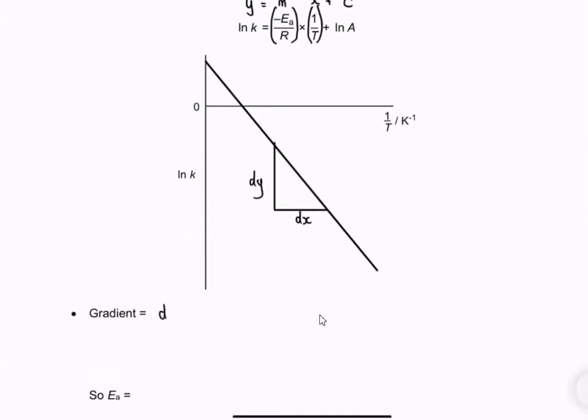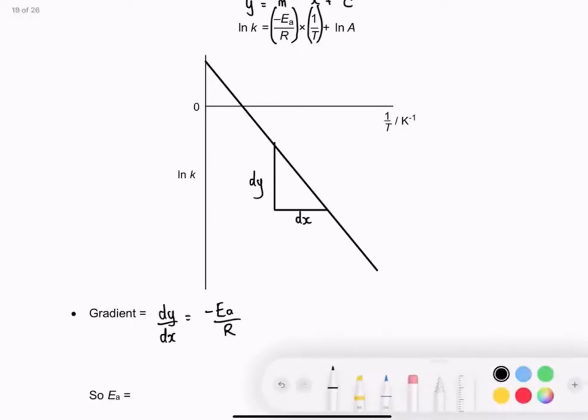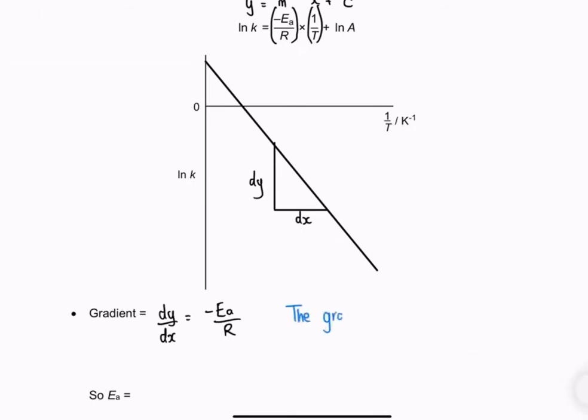So the gradient dy by dx is going to be equal to minus Ea over R. Okay, so this gradient is going to allow us to find our activation energy, because R is just a constant. But do remember that when you find this gradient off this graph, you must give it as a negative value. The gradient is always going to be negative, so it must be given as a negative value.